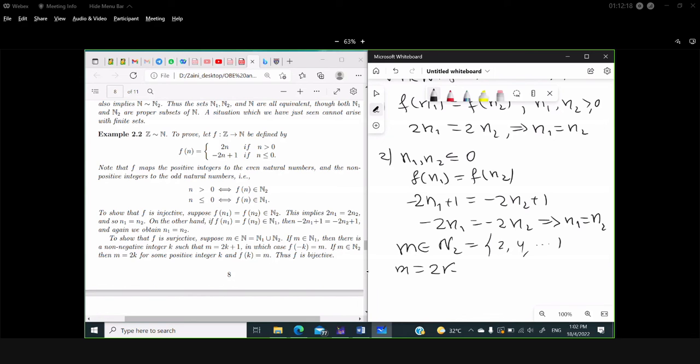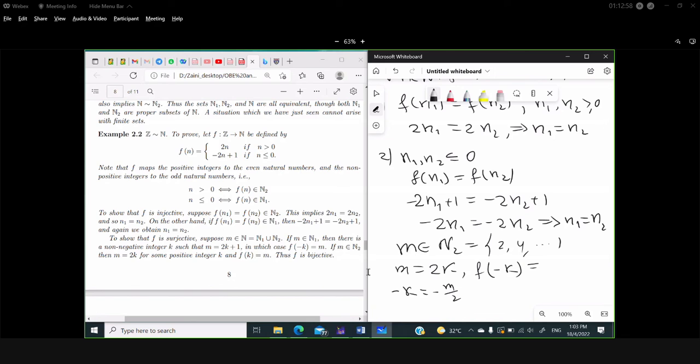Look, when m equals 2k, just pay attention. f of minus k. When m is equal to 2k, which is positive, then minus k, which is minus m over 2, is negative.